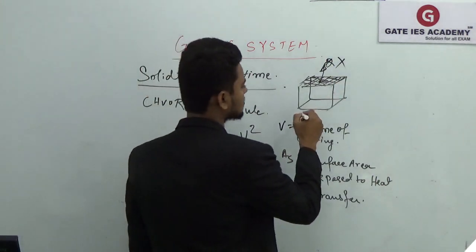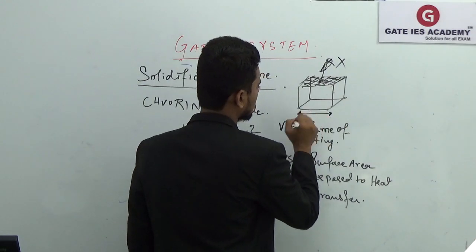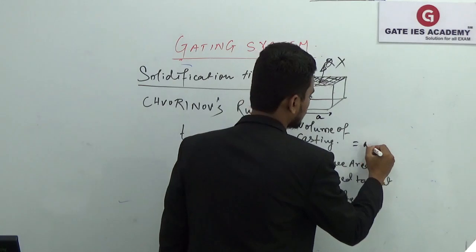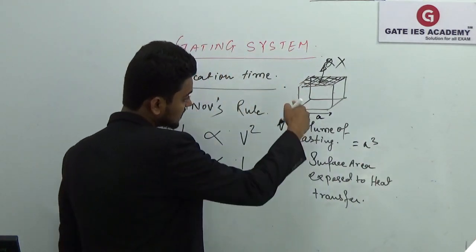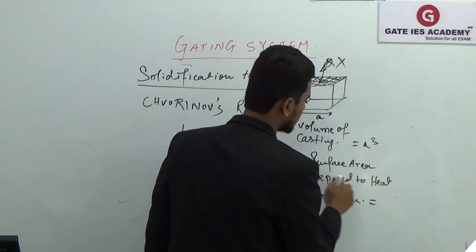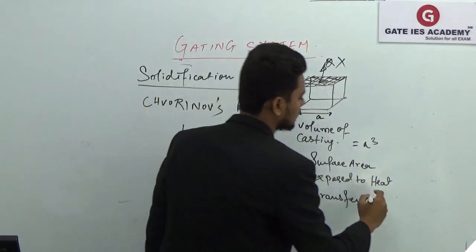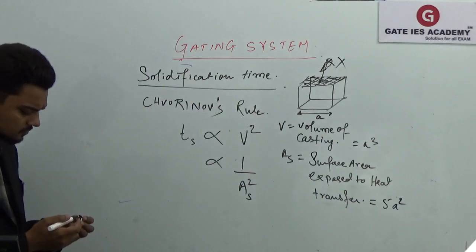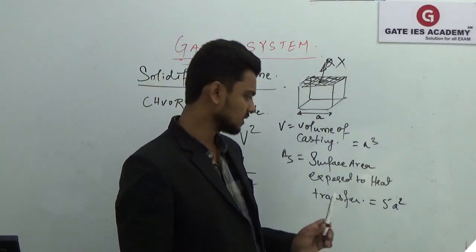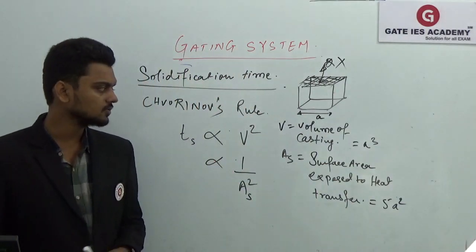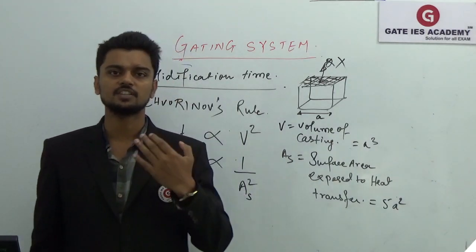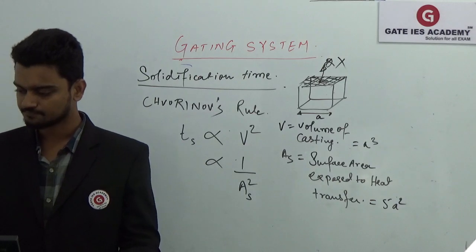Suppose this is a cube of side A, so its volume will be A cube, and the surface area exposed to heat transfer will be 5A square. So this is not the total surface area of the casting. It is the surface area which is exposed to heat transfer, the area through which the heat dissipation is taking place. Okay.